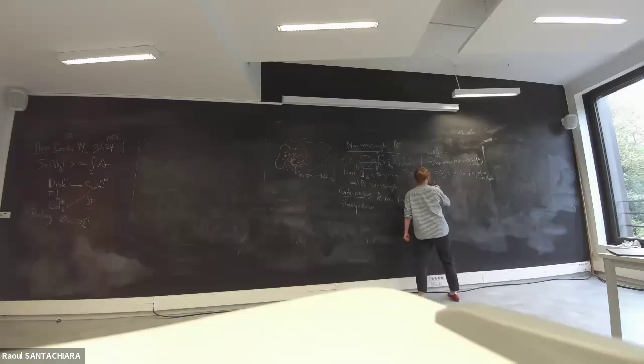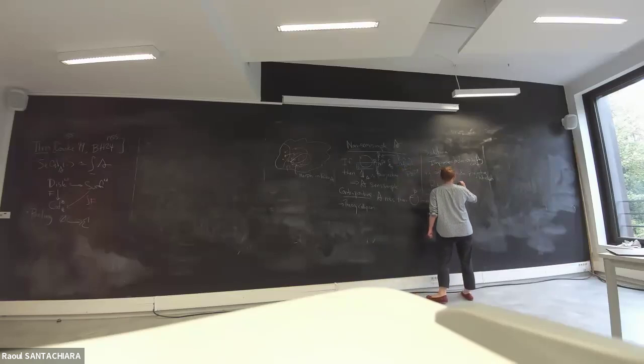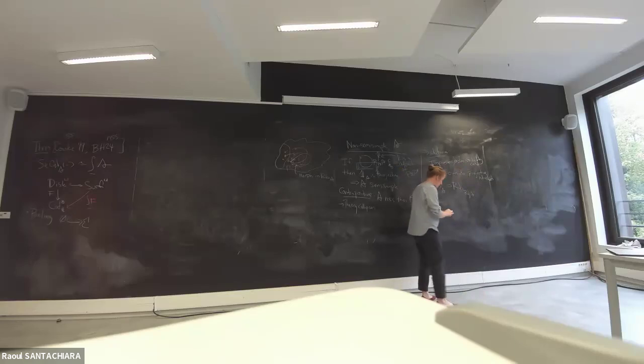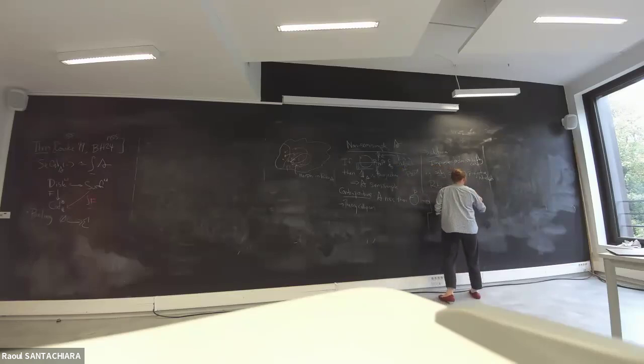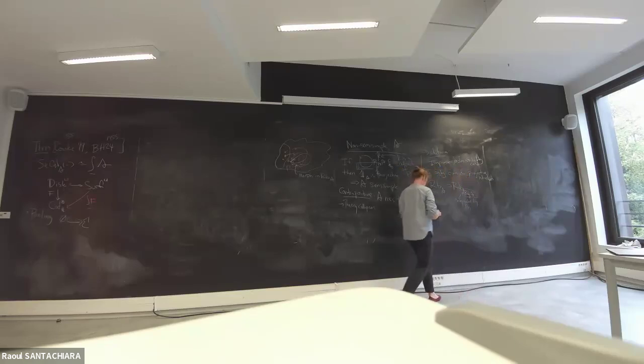What does this mean? Well, I take my category, this whole group A that I was considering before, and I look at the full subcategory where I only color my objects by reductives.